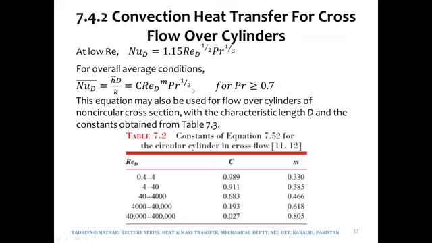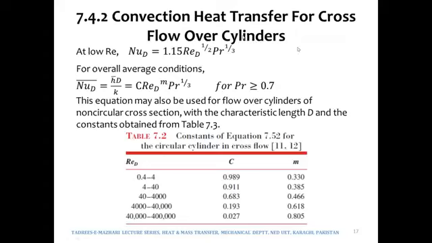That average Nusselt number is C Reynolds to the power m Prandtl to the power 1/3 for Prandtl number greater than 0.7, and most of the times we would be having Prandtl number greater than 0.7 unless it is some flow of liquid metal. Otherwise, for any gas or any oil or any other heat transfer fluid, Prandtl number would be greater than 0.7.